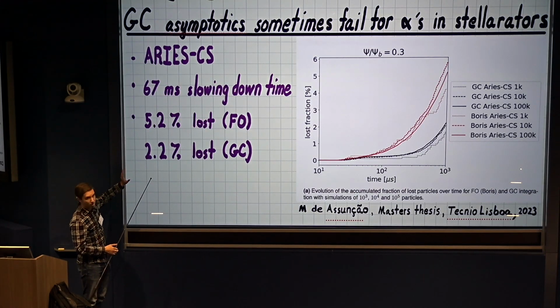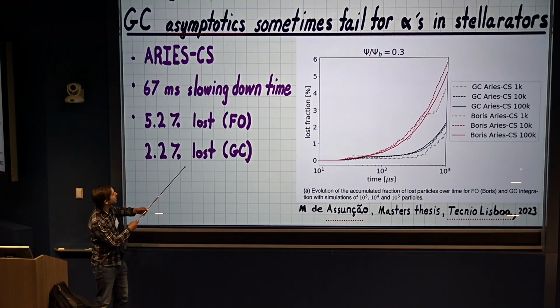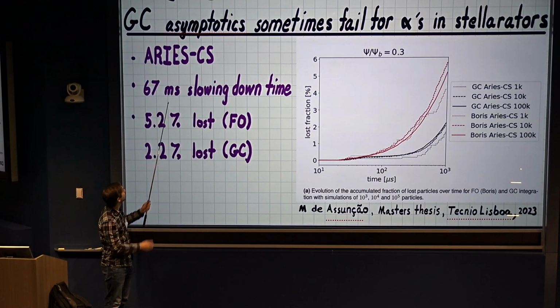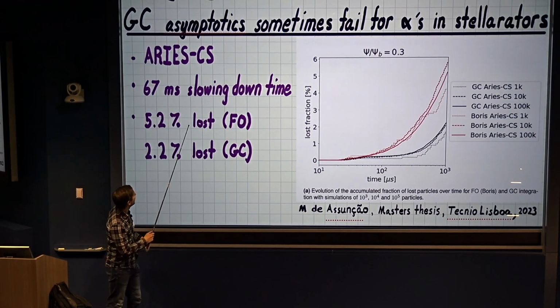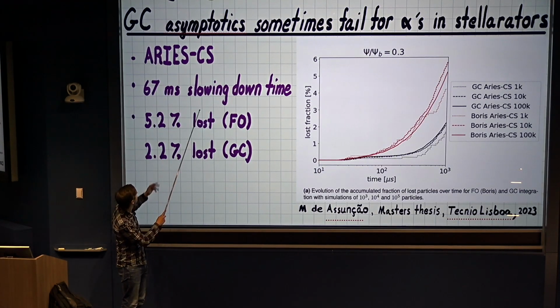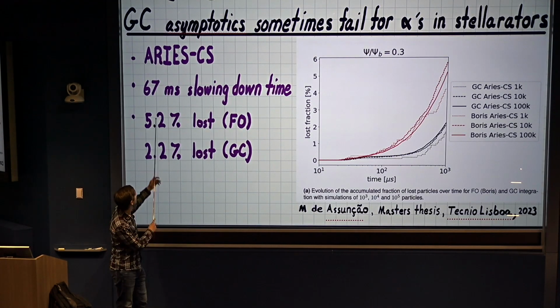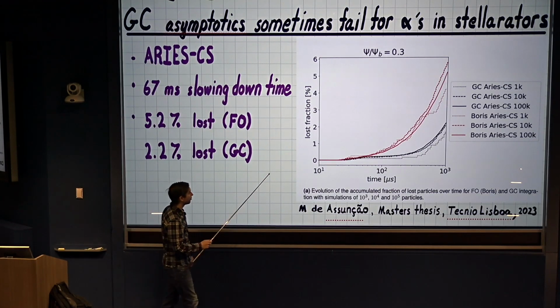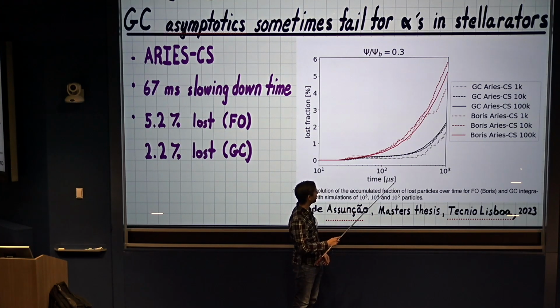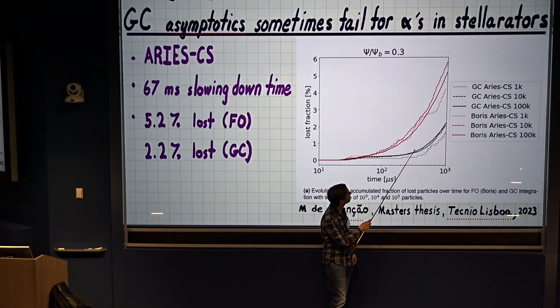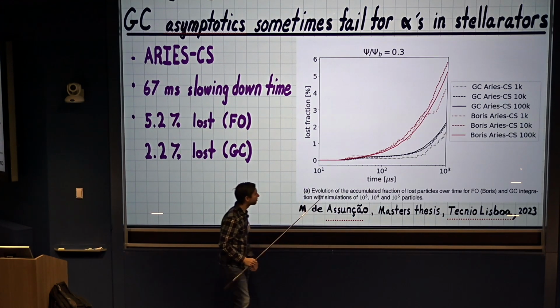In that thesis, one of the things he did, amongst others, is to push guiding centers and full orbits in the Aries CS design. And he's chosen parameters so that the slowing down time is 67 milliseconds. And what he's done is he's plotted the loss fraction as a function of time for both full orbit, which is in the red, and guiding center, which is in black.